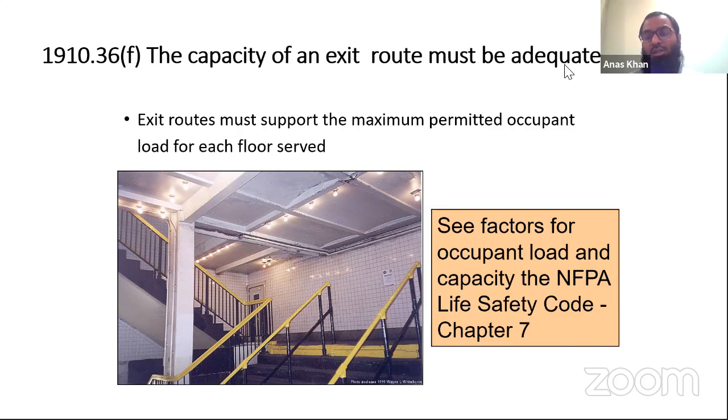That's why the OSHA standard requires this. The more occupants you have, the wider your emergency exit route should be, so the people coming down from each floor can go outside easily.